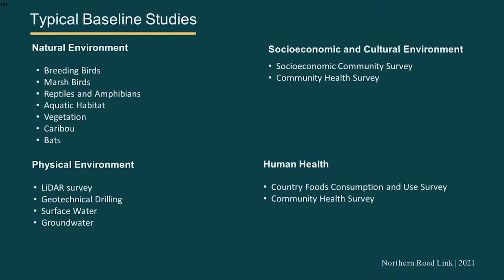Now, all of these studies are conducted from a traditional scientific perspective, but they're incomplete till we receive Indigenous knowledge associated with all of these different disciplines. And Michael spoke to that, Don spoke to that. Indigenous knowledge becomes sort of the heart of the entire process in a way.